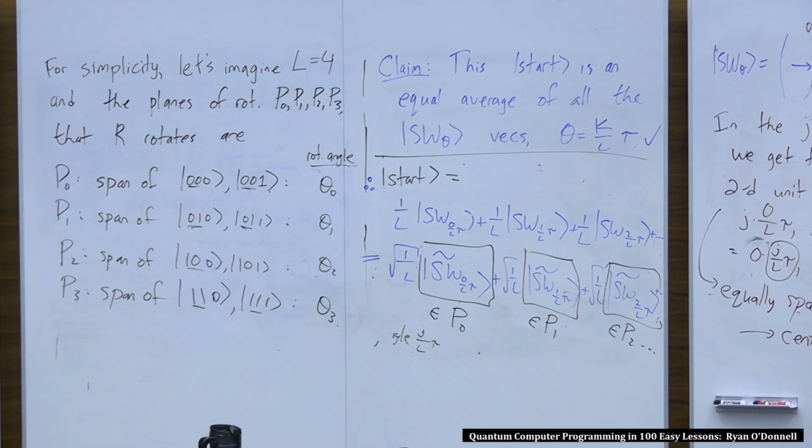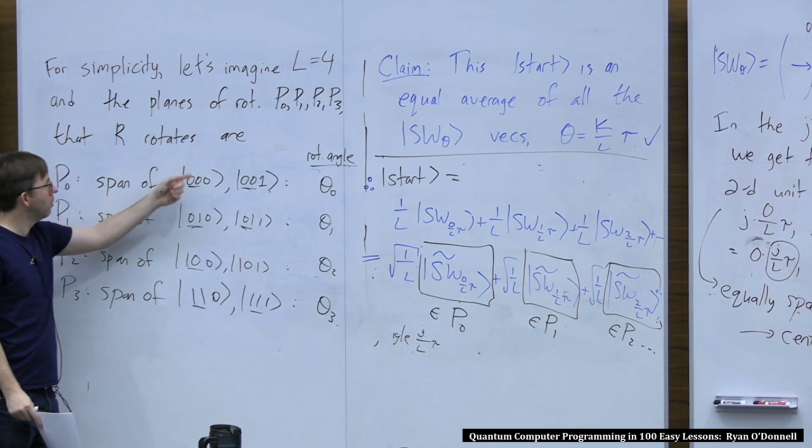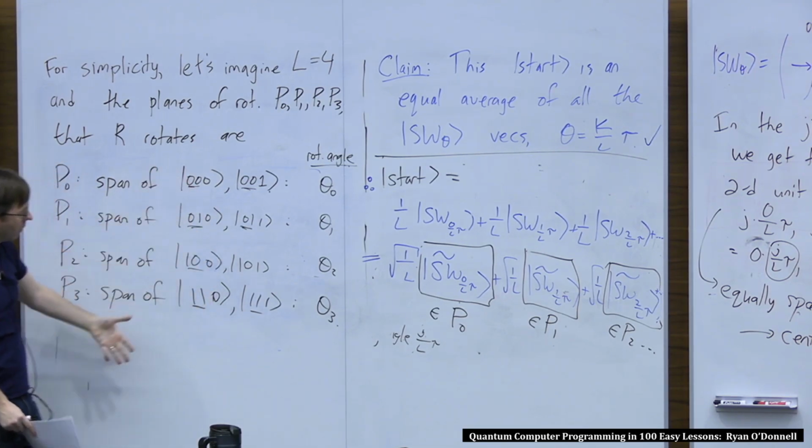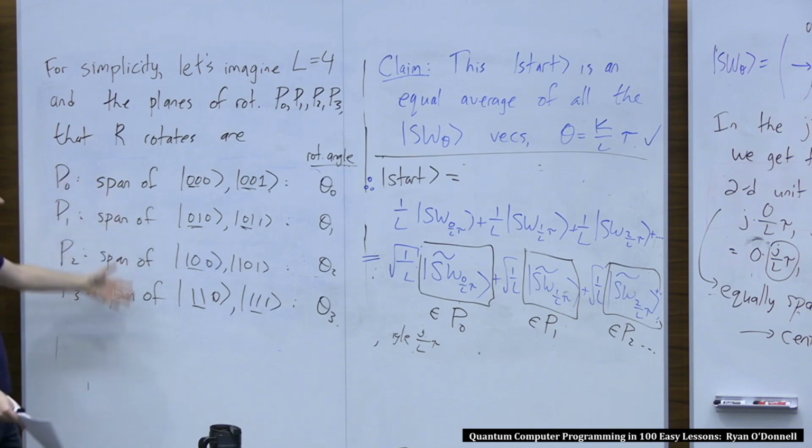Okay, so what I'm trying to say is instead of this complicated situation, let's just think about this situation. We have 4 mutually perpendicular 2-dimensional planes. The span of these two, the span of these two, these two, these two. These are 8 perpendicular vectors, so everything is perpendicular. And we'll just say the rotation angle here is theta 0, theta 1, theta 2, theta 3.